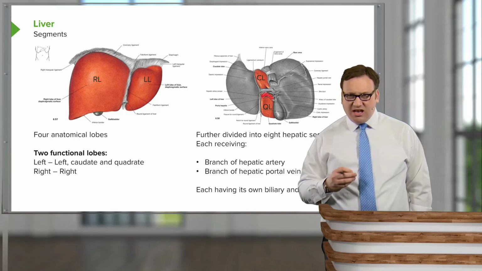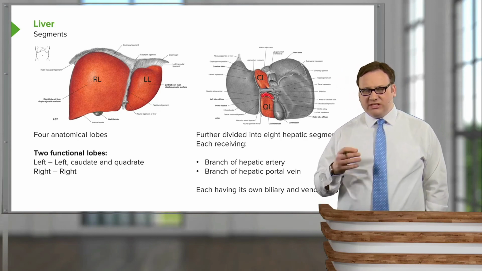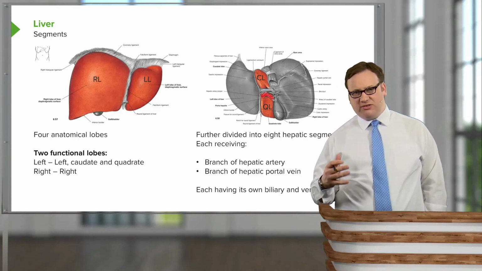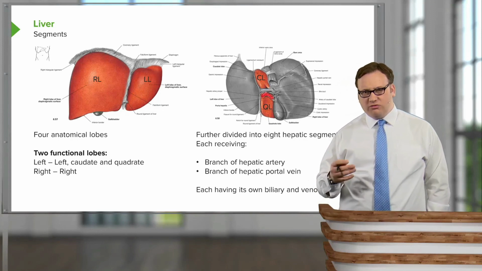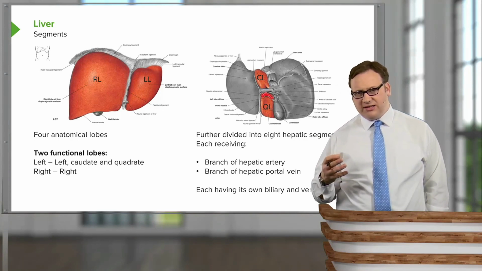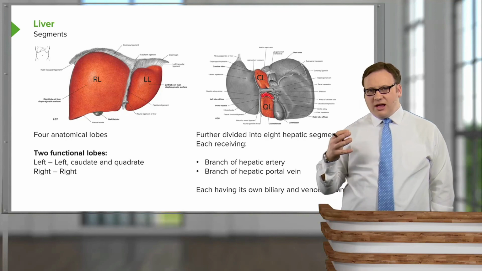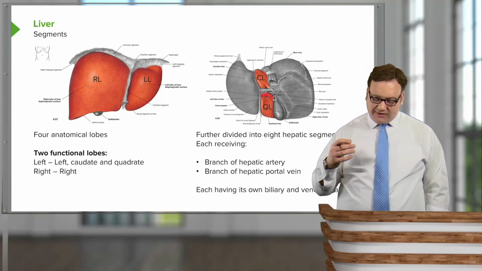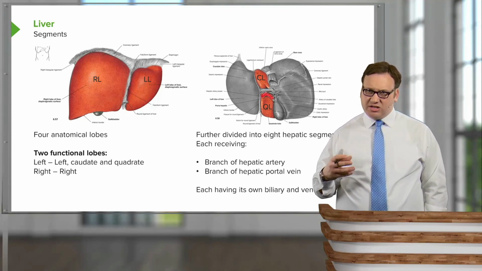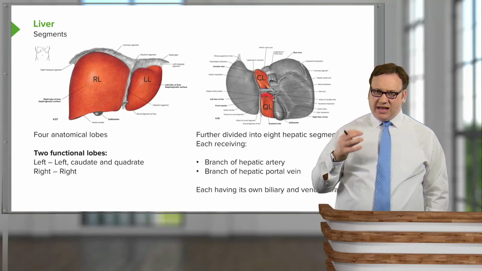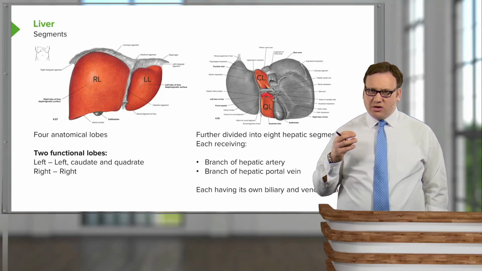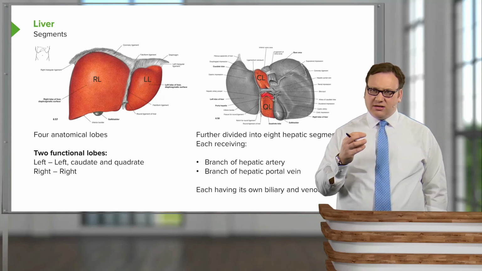Each of these individual segments will receive its own branch from the respective hepatic artery, will receive its own branch from the respective hepatic portal vein, and each of the segments will have its own biliary and venous drainage. So essentially, each of these hepatic segments can work in isolation.